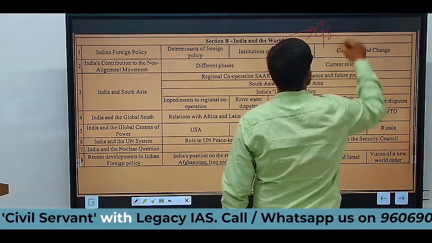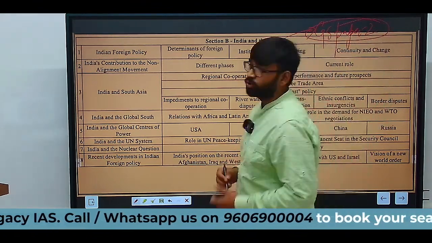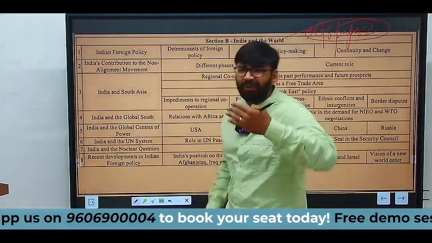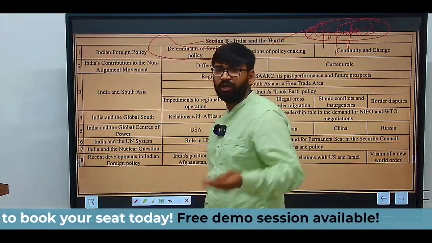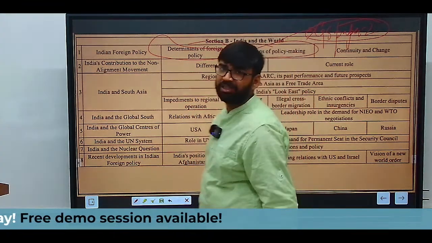So the first chapter is India's foreign policy, how India's foreign policy is determined. The determinants of foreign policy are geography and history. Then what are the institutions of policy making?